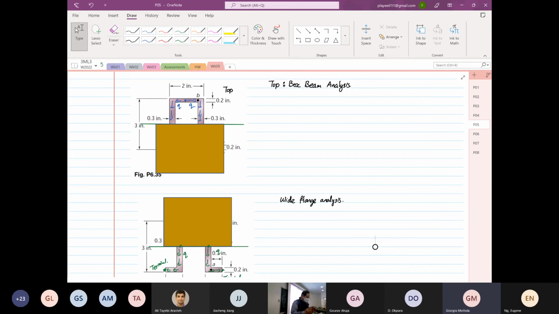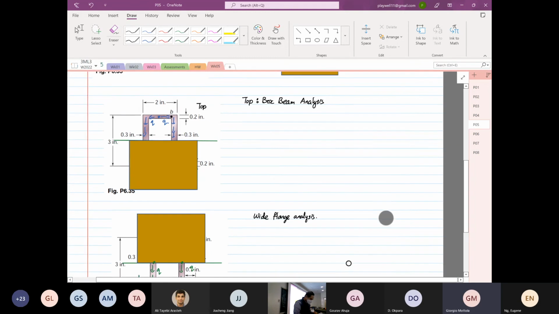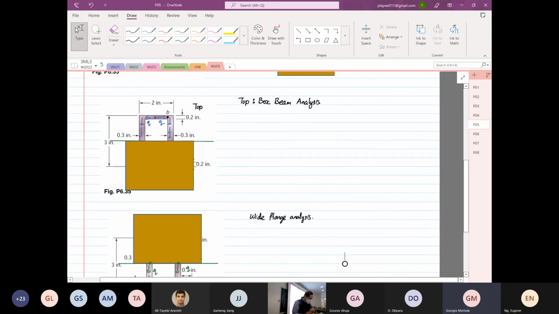Now let's look at the box beam analysis at the top. Like how I teach you, if it's a box beam, this is equal to 2Q, and the thickness is equal to 0.2 inches.